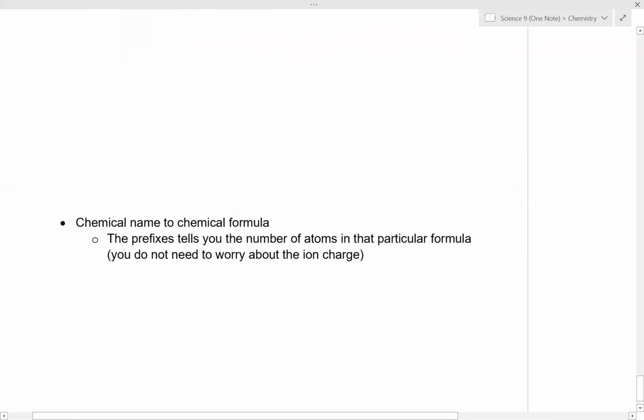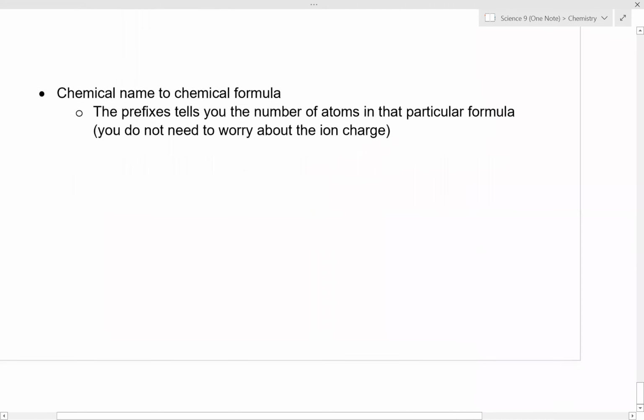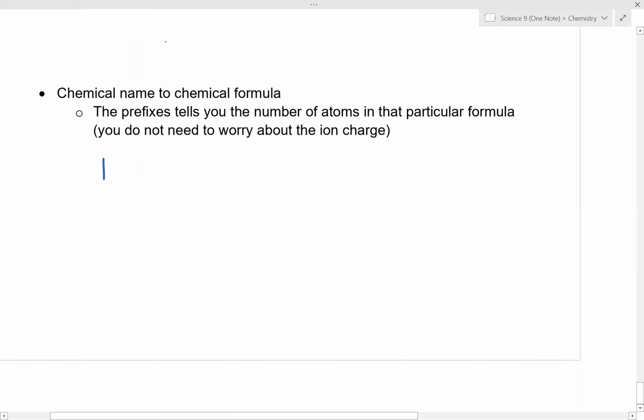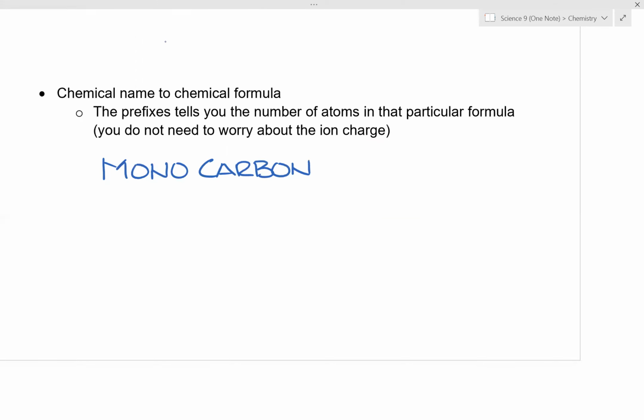Now, for chemical names, the prefixes tell you the number of atoms in that particular formula, so you don't need to worry about ion charge. So let's say I had monocarbon dioxide. The monocarbon means that it's C1.